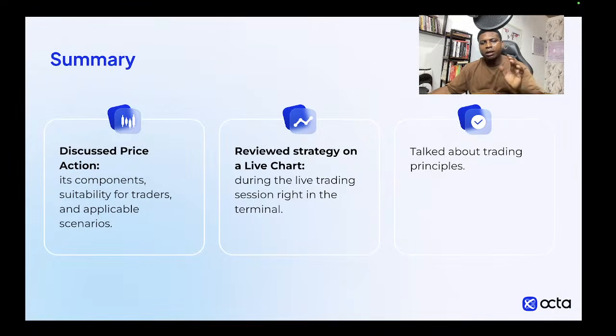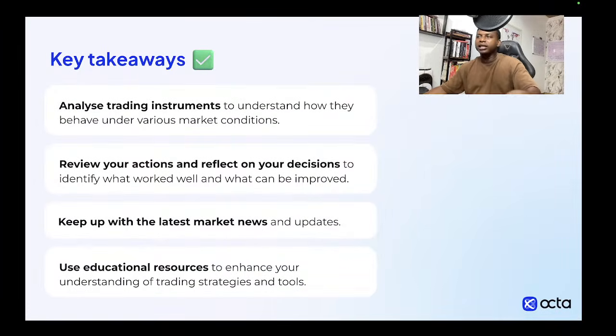So, the summary of our conversation is this: we discussed the price action top to bottom strategy, its components, its suitability for traders, and its applicable scenarios. We also reviewed the strategy on a live chart. Now, there are principles that we must take away.